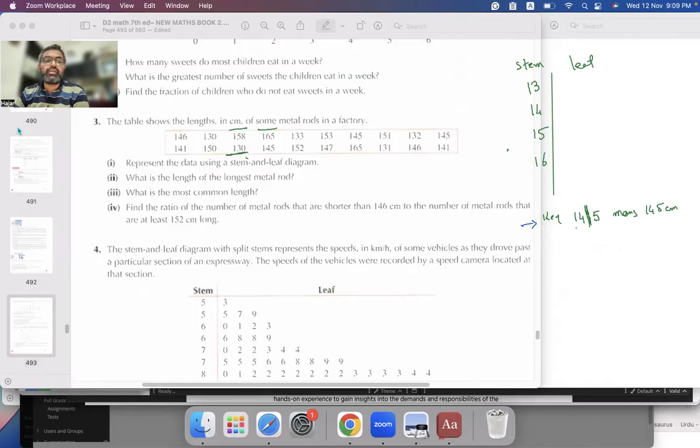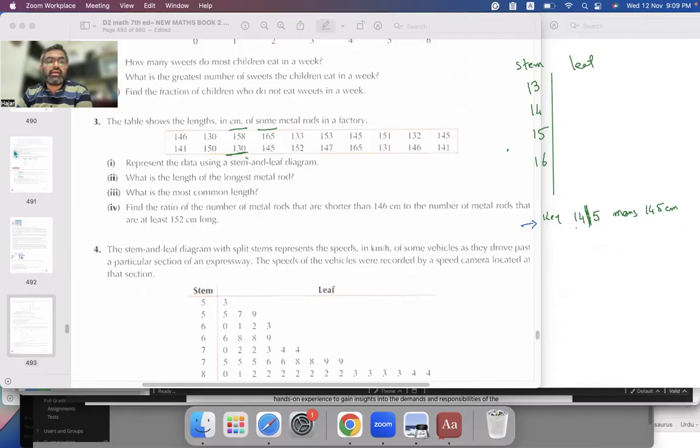So if I write down 1, 3, and then 0, that means it's 130. Which data have we got? It is important when we make a stem and leaf diagram that all data should be sorted. In the beginning, we don't know which data points we are going to have, so first we make it unsorted and then sort each stem.